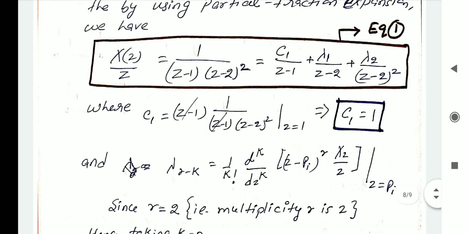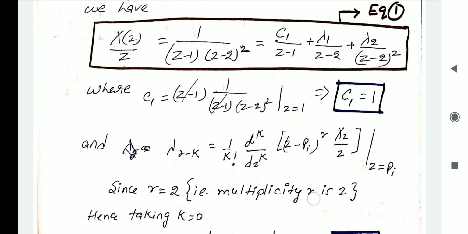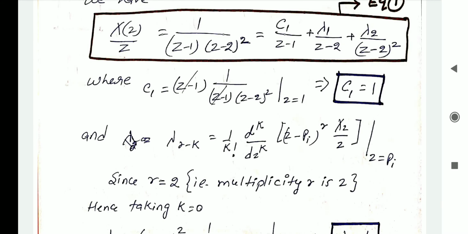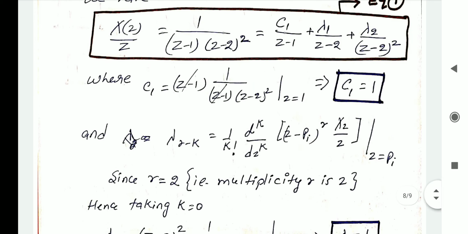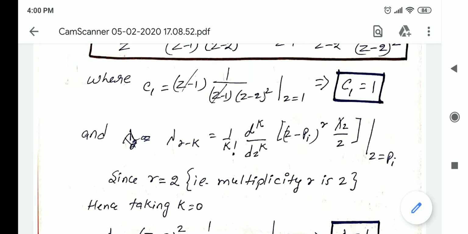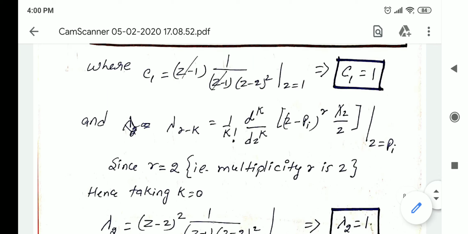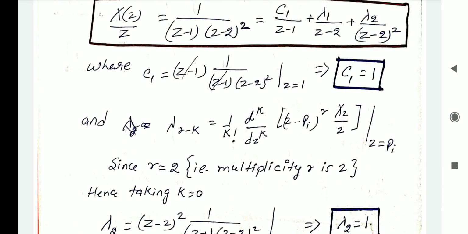Solving for C1, the same formula that we apply for getting the value of Ck. C1 is this one, and this way we are getting the value of C1 as 1. Now for lambda we have the formula lambda r minus k is 1 by factorial k, d^k by dz^k of z minus pi to the power r times x of z by z, for z equals pi.